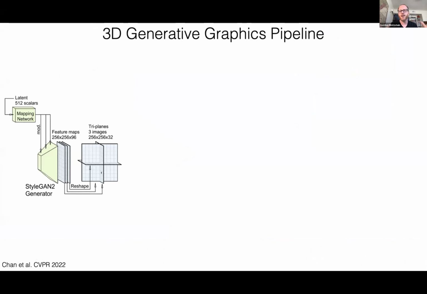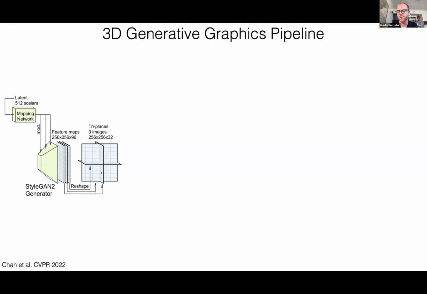Now, I don't want to bore you with lots of architecture drawings, but the key insight is that we just use StyleGAN almost out of the box, with minor modifications. Instead of generating a 3-channel image that has RGB values, we're going to generate an image with 96 channels.